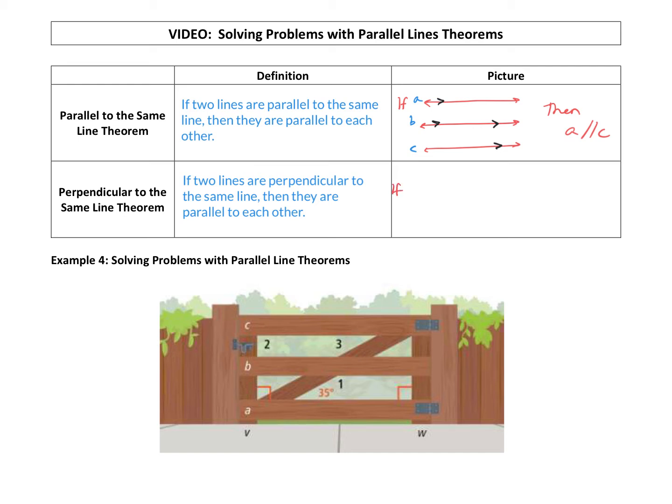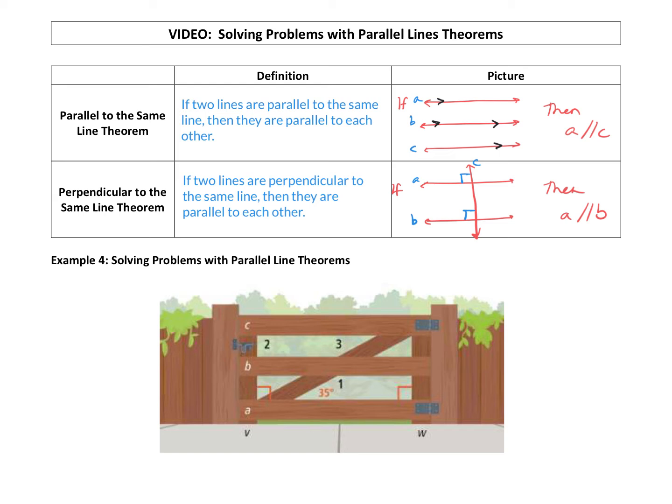Let's say we have line A perpendicular to this line, I guess I'll call it C. But then we have another line that comes in and we're told that line B is also perpendicular to line C. So if you have two lines that are perpendicular to the same line, that means those lines will be parallel. So then A would be parallel to B.